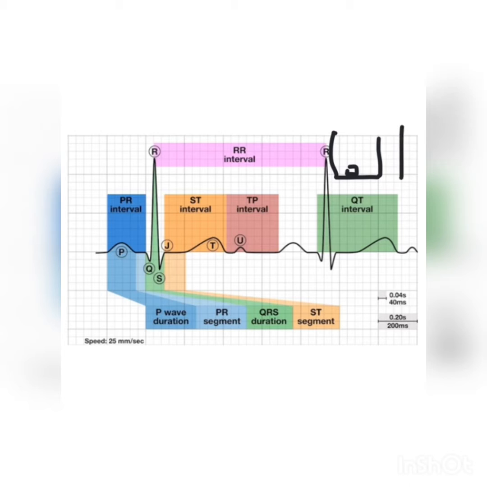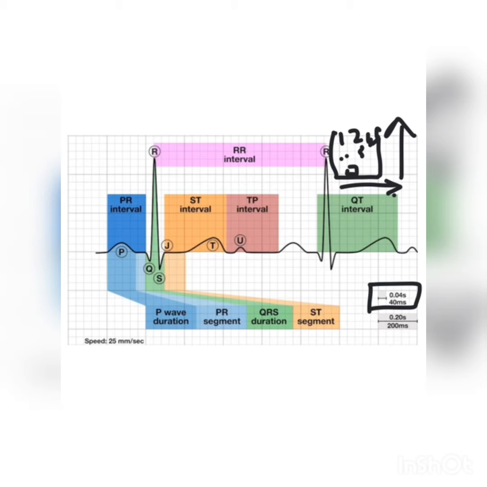Amplitude is the height and this is the duration. So when we count these boxes in the horizontal direction on the x-axis, it shows a duration of 40 milliseconds or 0.04 second. But when 5 small boxes join, they make one large box.